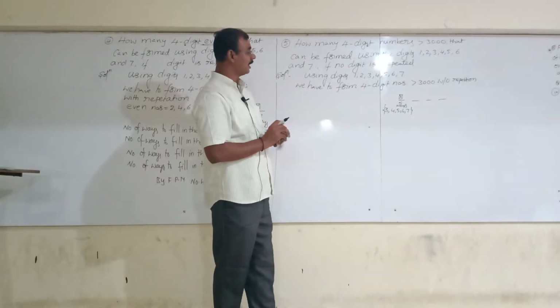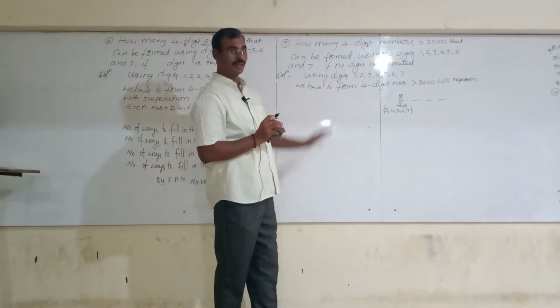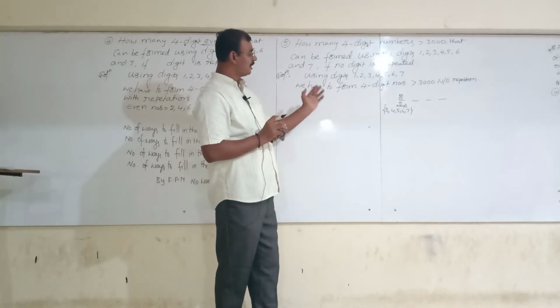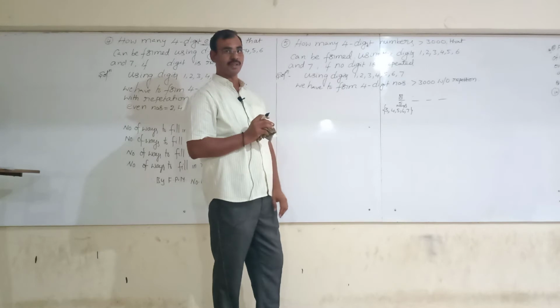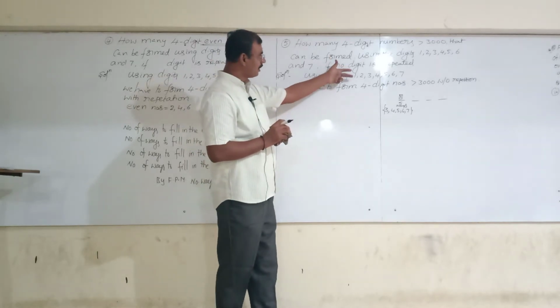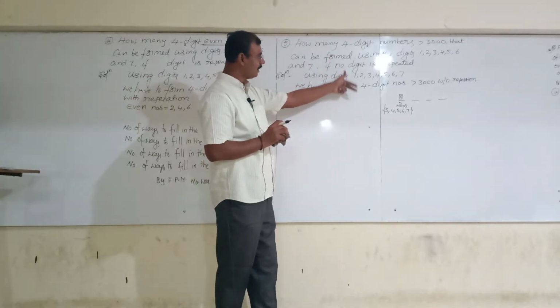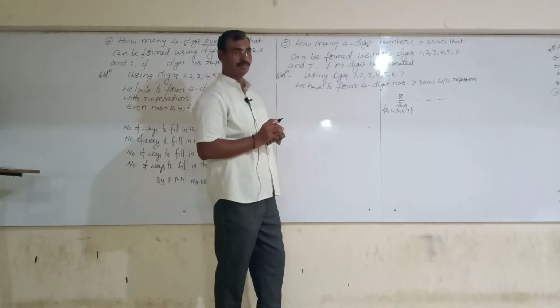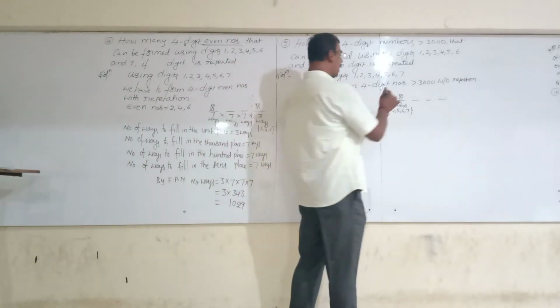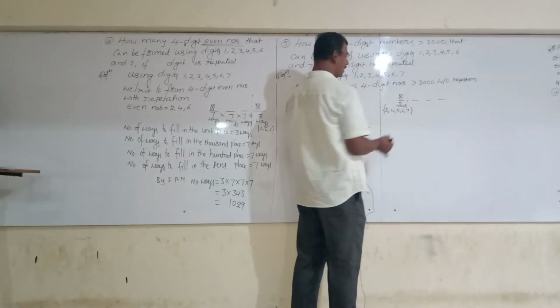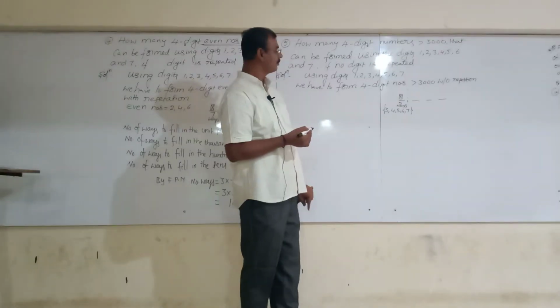So don't think like that. We have to think exactly, always: which digits should come in the leading position. Here 3 will come, 4 will come, 5 will come, 6 will come, 7 will come. So this can be done in 5 ways. Having satisfied this condition, take a pause.